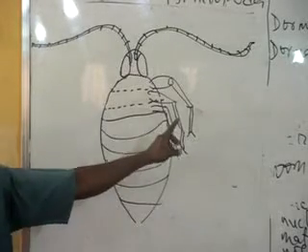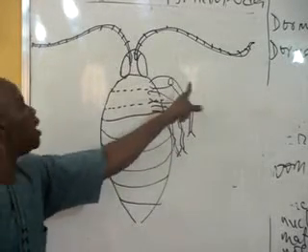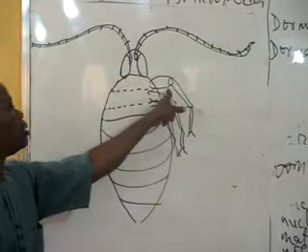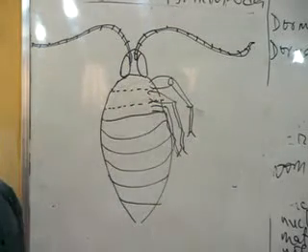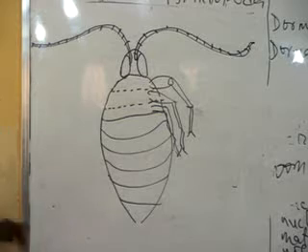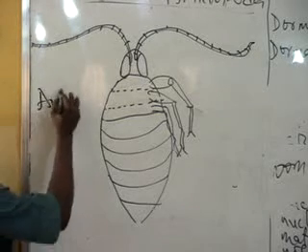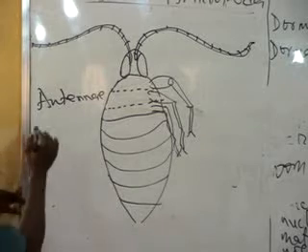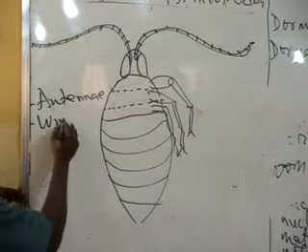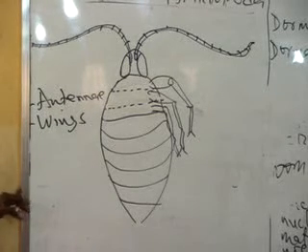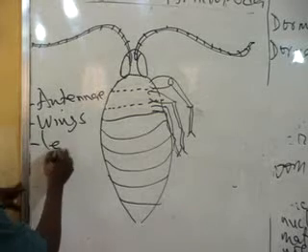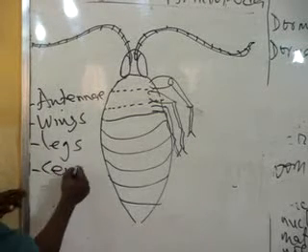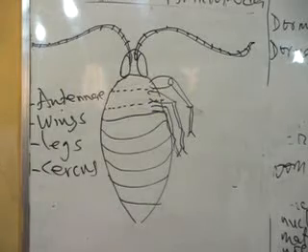Now the point that we are getting to is that the parts of the body that join to the main axis are called appendages, and this includes the antenna, or antennae in plural. It also includes the wing, where they are present. It includes the leg. It includes other parts of the body like the circles and so on.